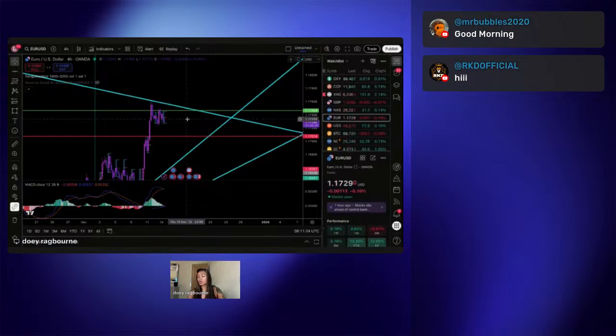But yeah, so someone asked me what my strategy is. My strategy is basically very, very basic things. So I like to trade reversals basically. So maybe I'll have my trend lines on the 4 hour or the daily.